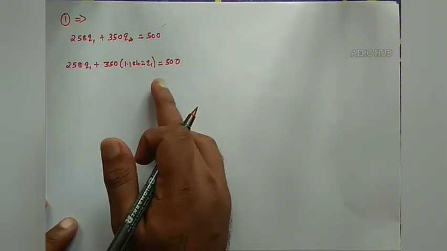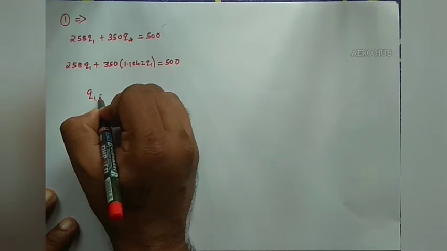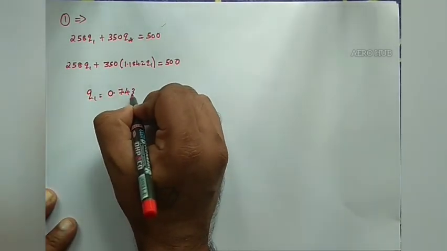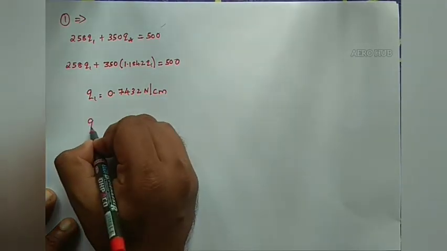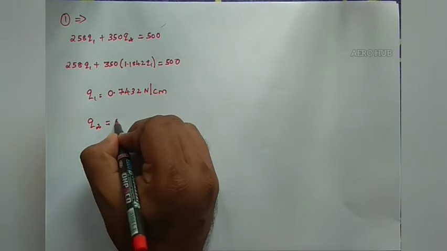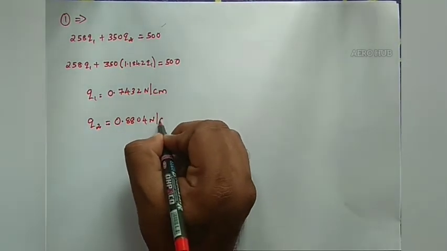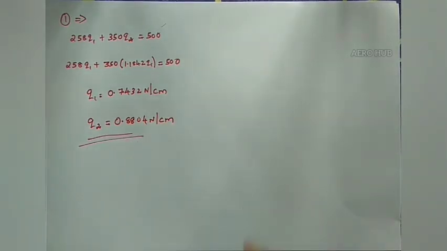So from this equation I will be getting Q1 as 0.7432 Newton per centimeter, and so Q2 will be 0.8804 Newton per centimeter, and this is the value for shear flow for the given multi-cell section.